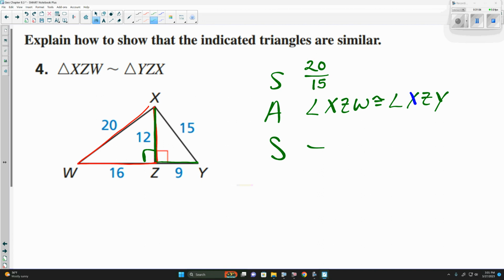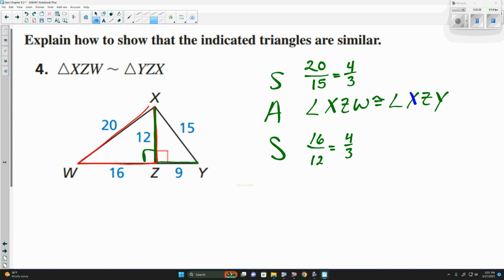What would be another one? 16 would be the middle. 9 would not be the middle. Oh, 12. So 12 over 15 is 4/3. 16 over 12 is 4/3. So they are similar by side angle side.